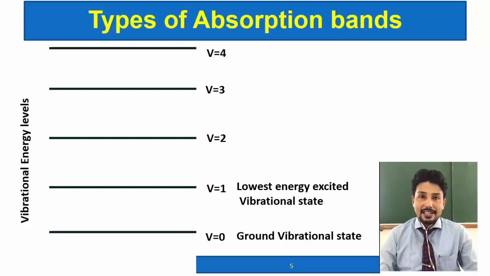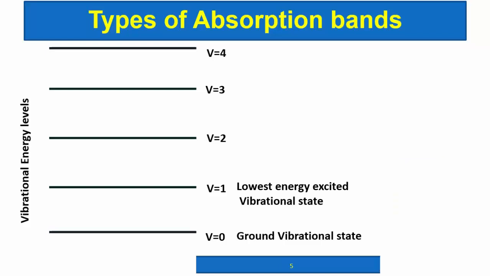So to cause transitions from nu 0 to nu 1, a certain amount of IR radiation is required. In other words, a certain frequency of IR radiation is required. So IR radiation causes this kind of vibrational level changes. Now, in this transition, there is nu 0 to nu 1.